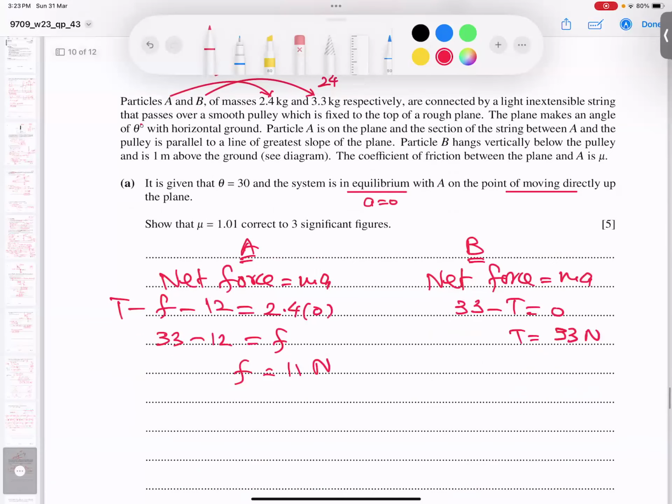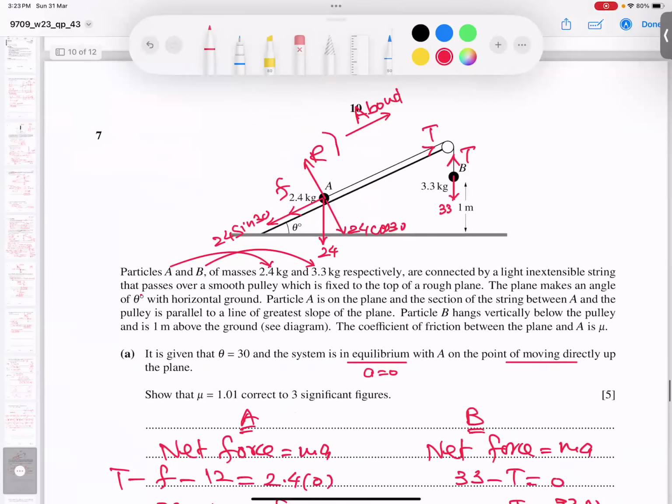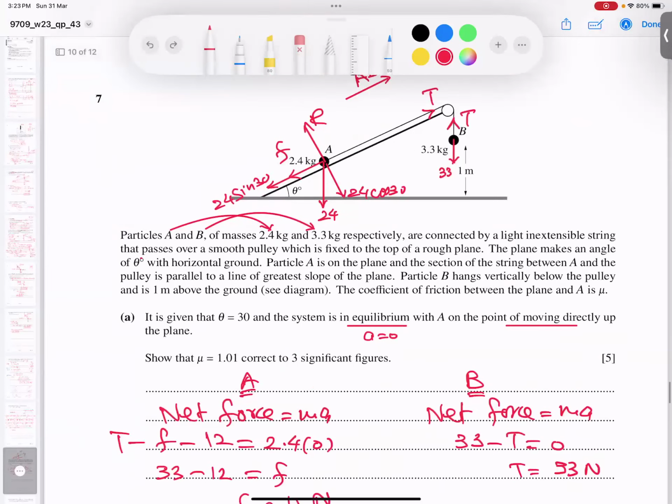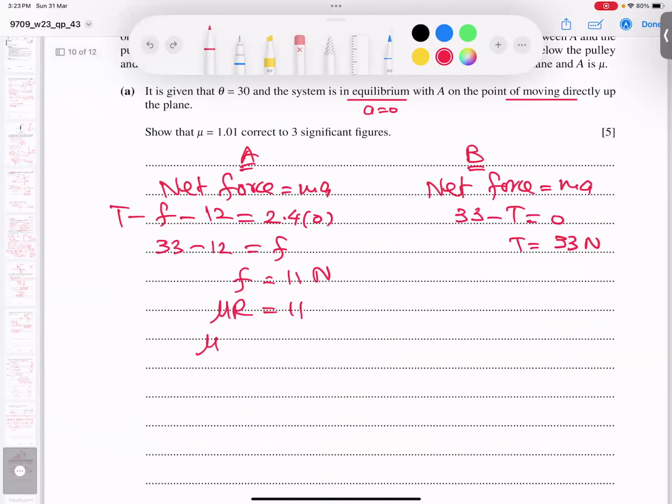And we know the formula: F equals mu R. And R, if you see carefully, is equal to 24 cos 30. If you type this in the calculator, 24 cos 30 gives you 12 root 3. And it will go down, so 11 over 12 root 3.